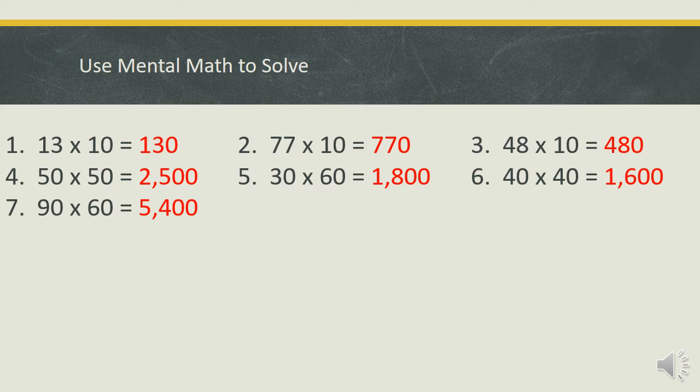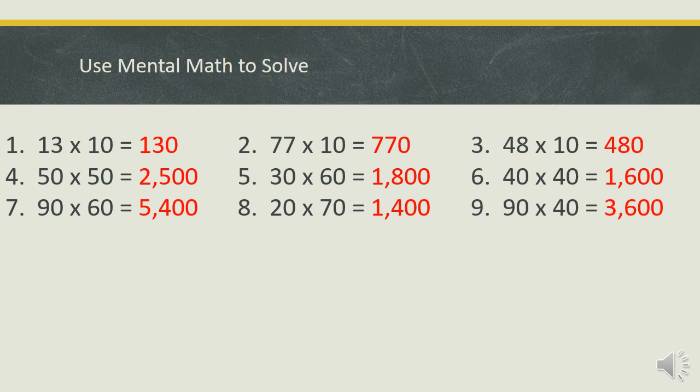Number 7, 90 times 60, 5,400. Number 8, 20 times 70, 1,400. Number 9, 90 times 40, 3,600.